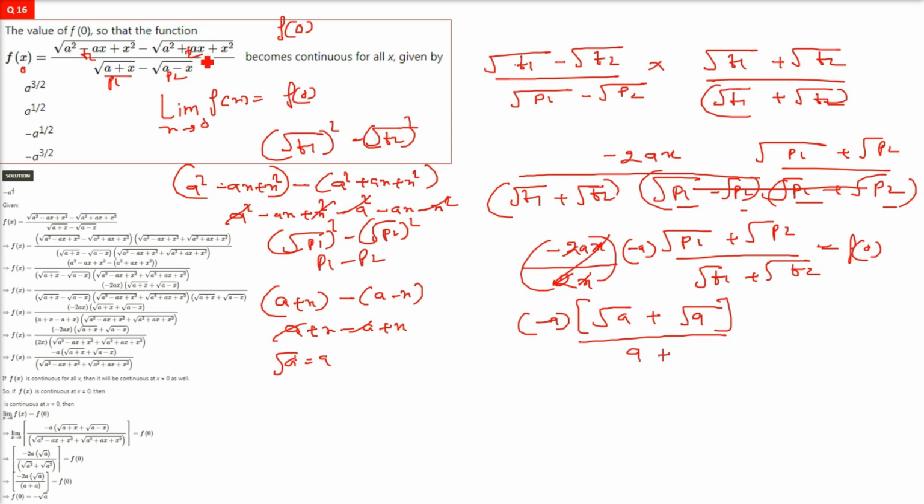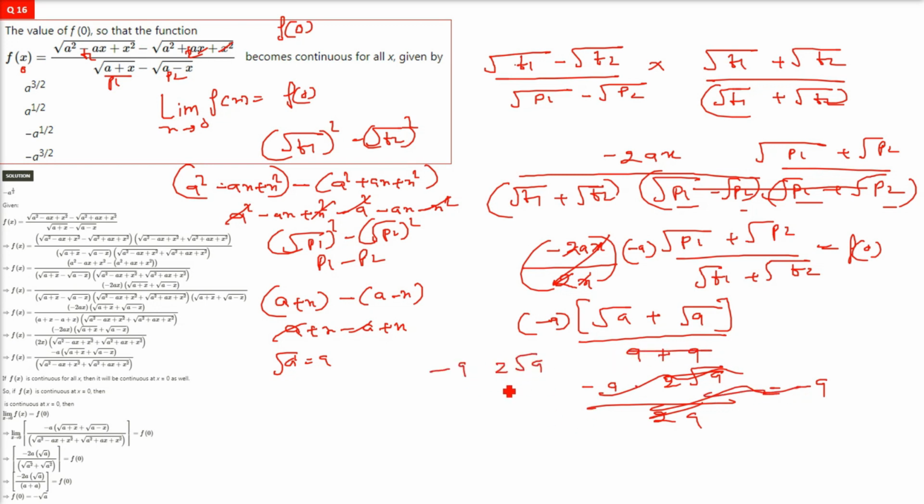Under root a squared, here also you get under root a squared. So we have a plus a, and the numerator, what do you get? Minus a. This is twice root a, and in the denominator you have 2a. Now you can just cancel 2a, 2a, and only minus root a will remain. So this is your f(0).